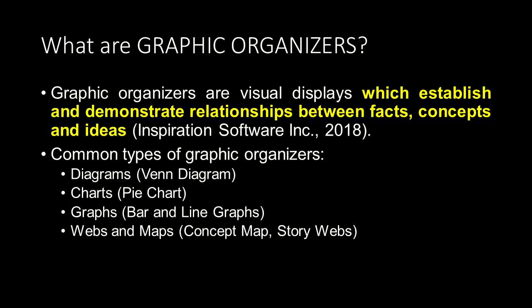We have charts, specifically the pie chart. We have graphs, which have 2 general types, the bar and the line graphs. And lastly, we have webs and maps, specifically concept maps and story webs. So let's discuss these common types of graphic organizers, how they are used, and how they are constructed.